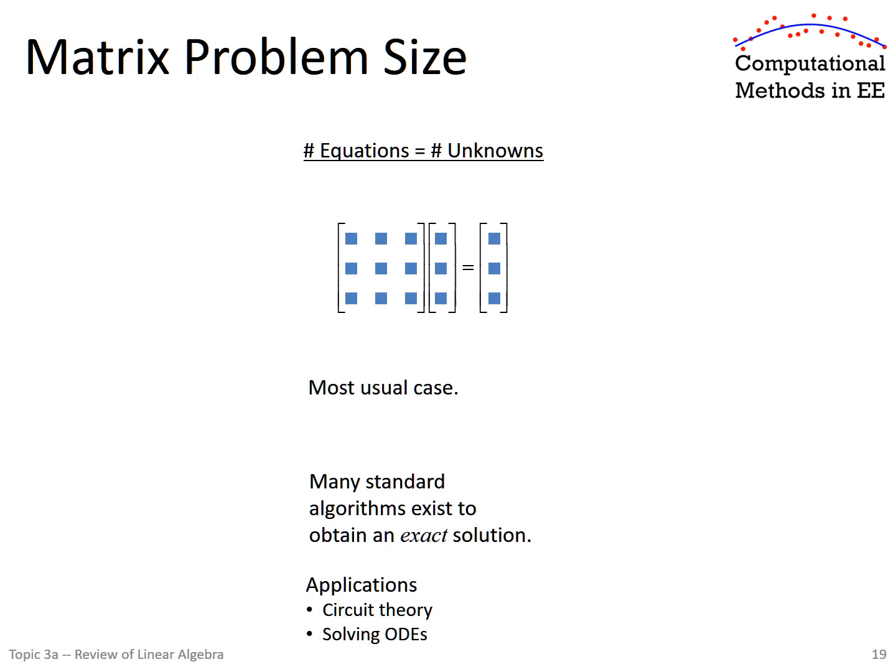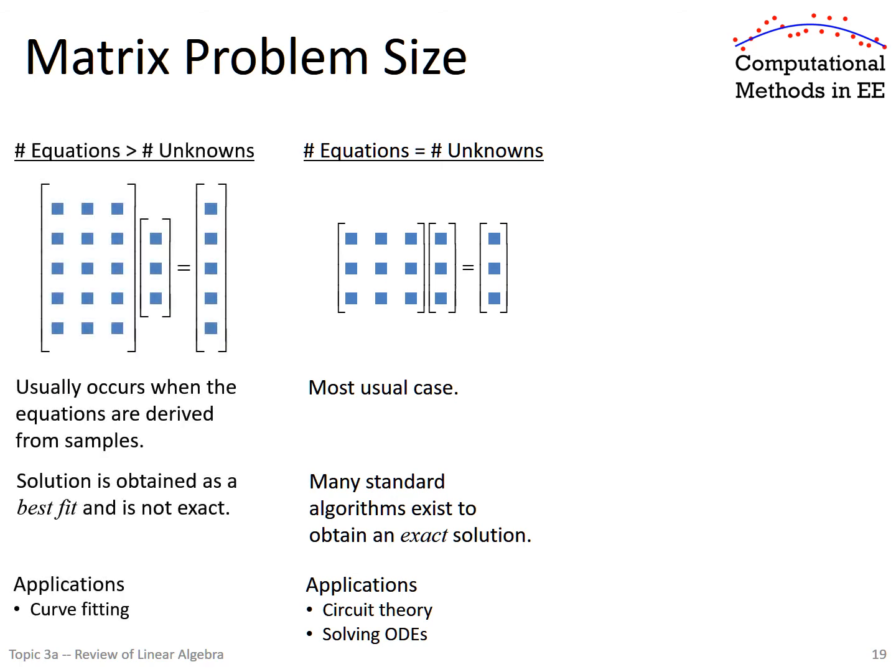For solving node analysis or loop analysis in circuit theory, or solving differential equations, or fitting to polynomials, we end up with a square matrix that's very easy to solve. And this really is what we were talking about before when we were solving that standard set of algebraic equations. We were solving something that had just as many equations as it has unknowns. So this comes up most of the time in linear algebra.